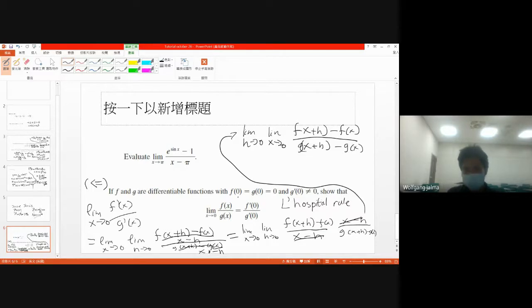But we know that f(0) and g(0) equal 0, so this one is equal to 0 and this one is equal to 0, so it becomes the limit as x goes to 0, limit as h approaches 0, of f(x+h) over g(x+h), which equals the left part.